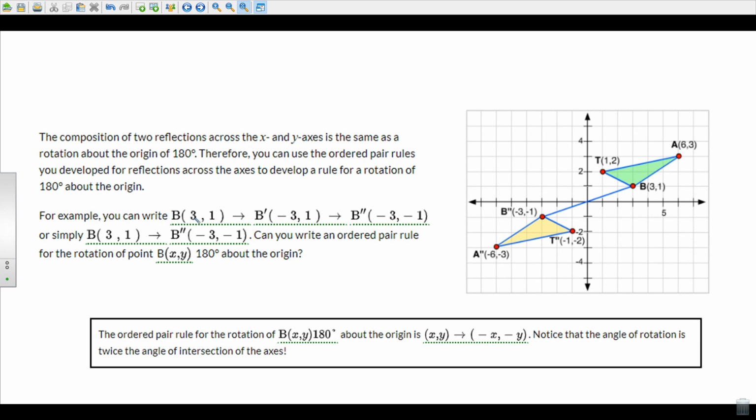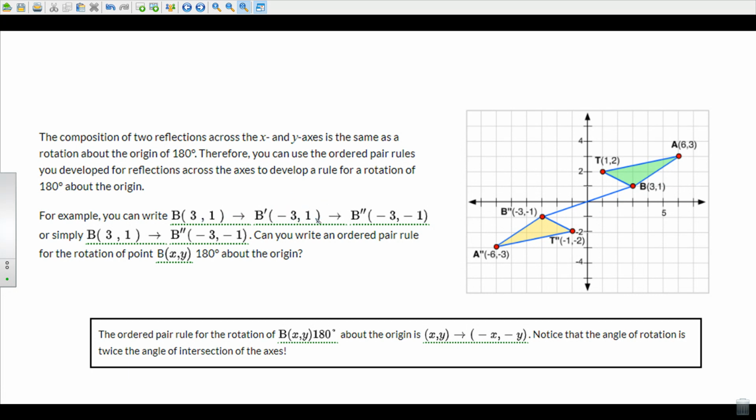So they're saying B to B prime would be reflecting it across the y-axis. And then they did another reflection from this one across the x-axis. Across the y-axis, the y-coordinate stayed the same and x changed sign.